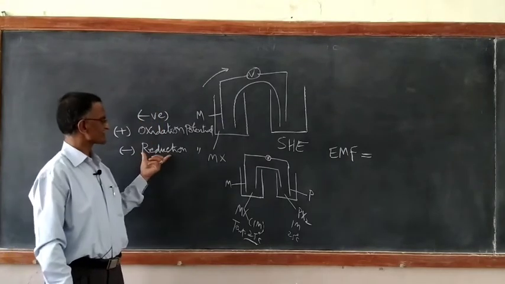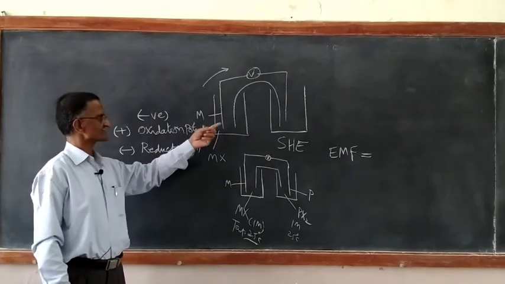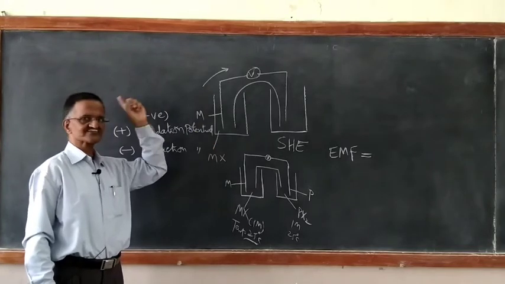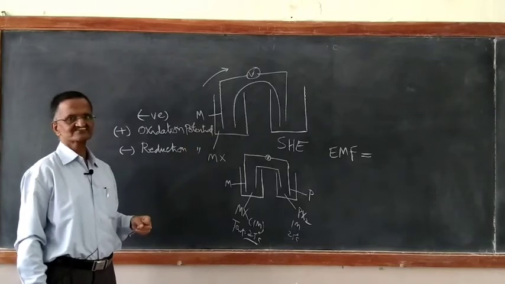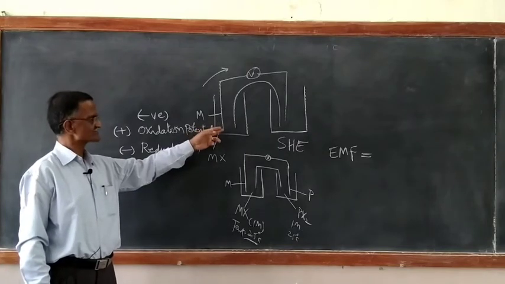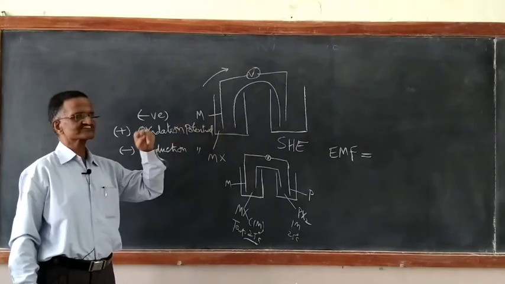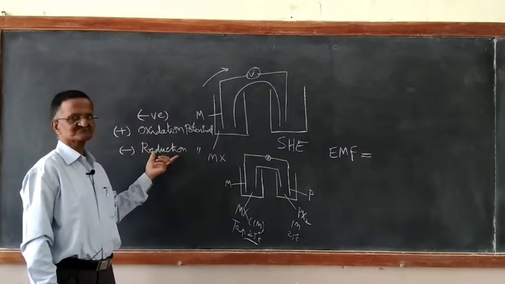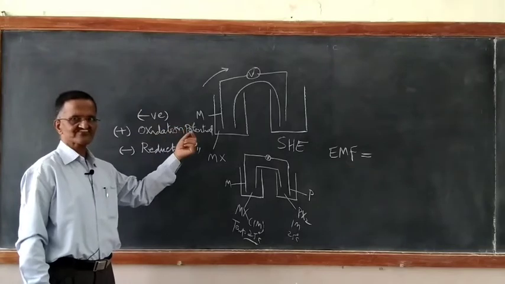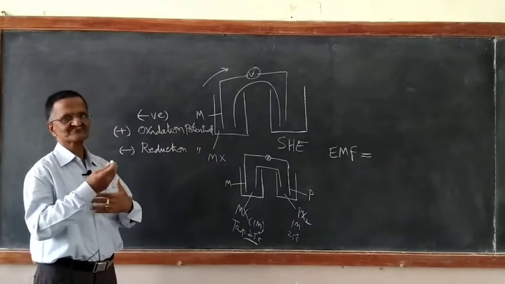Same way, at this metal end, when connected to the standard hydrogen electrode, reduction was taking place. If I want oxidation to take place, the ability, the potential value remains the same, but in opposite terms.